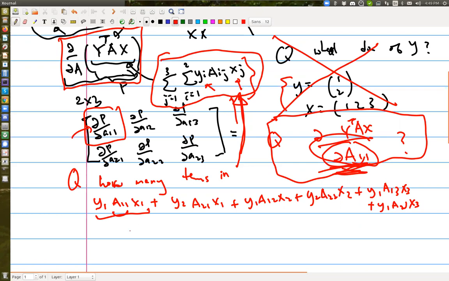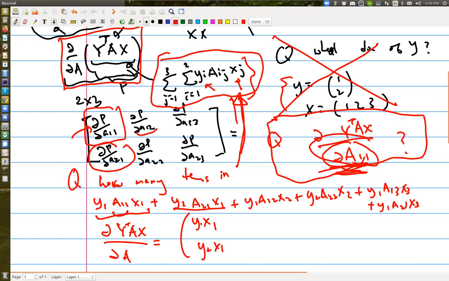So the gradient here with respect to A: this one is y1 x1, right? And then what's this term here? It's A21, and A21 only has this one, so it would be y2 x1.